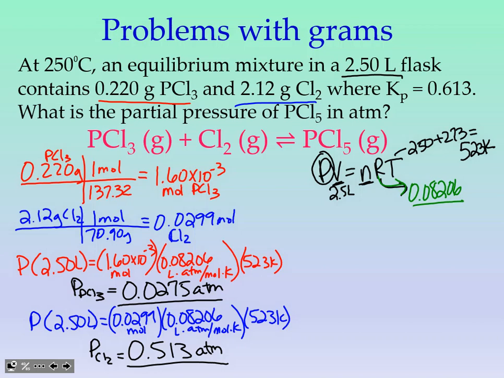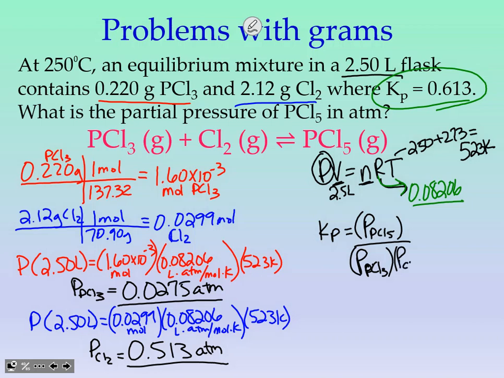All right. Now that we have both of these partial pressures, and we know our Kp over here, guess what we can solve for? The missing partial pressure. So let's do that. Kp equals the partial pressure of PCl5 over the partial pressure of PCl3 times the partial pressure of the chlorine.